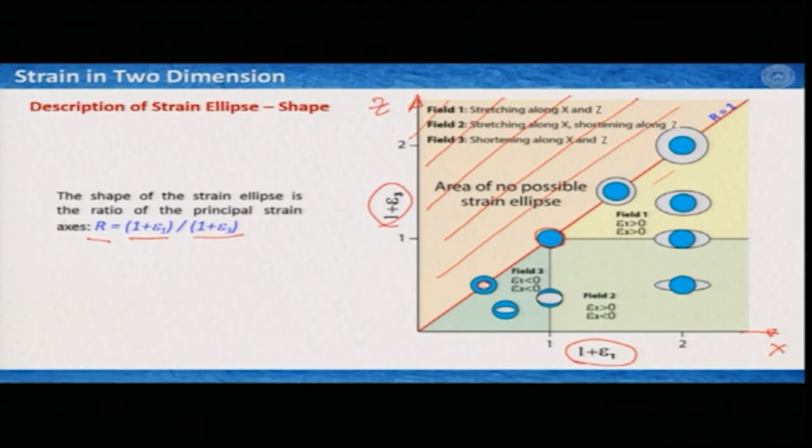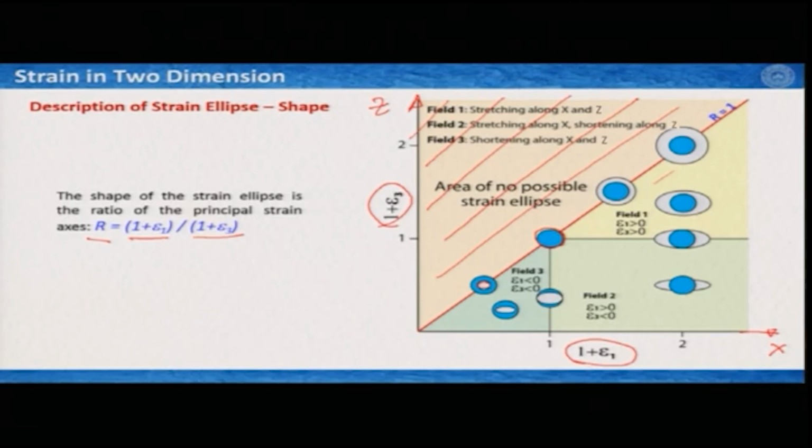In field 1, epsilon 1 and epsilon 3 both are greater than 0. So that means here you will have your volume increased. In field 3, both epsilon 1 and epsilon 3 have values less than 0. That means your volume would shrink.